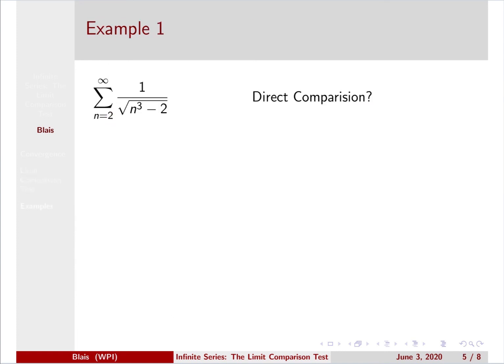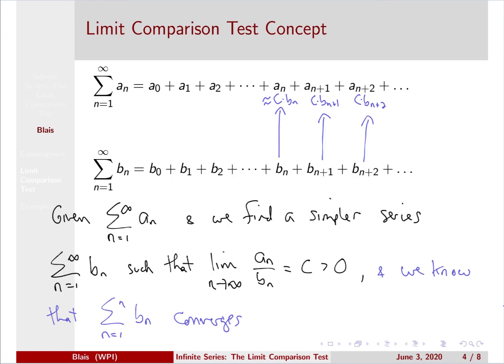Now, a very common approach here is to choose your simpler series using what a sub n looks like for large n. So let's note that.